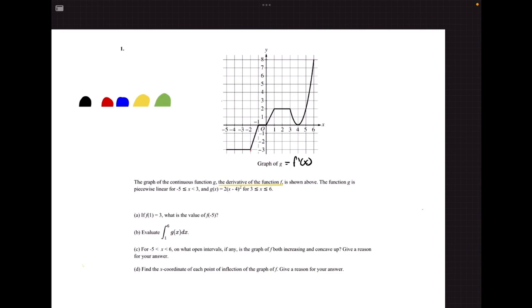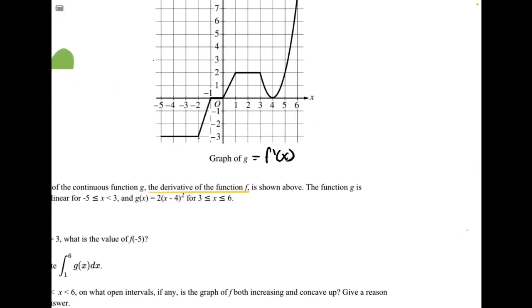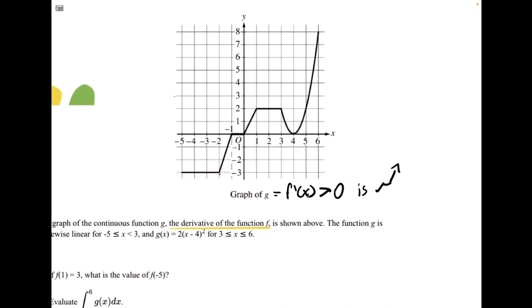Now, part C of the FRQ asks us, on one open interval, is the graph of f both increasing and concave up? So if we go back to topic 5.6, we know that when f prime of x is greater than 0, f is always increasing, right?